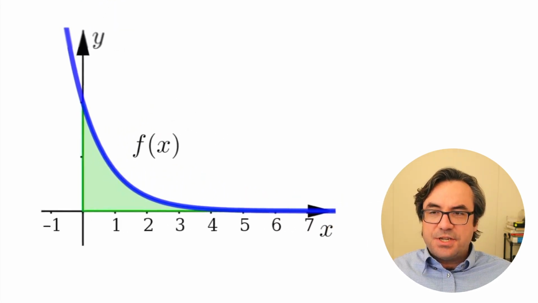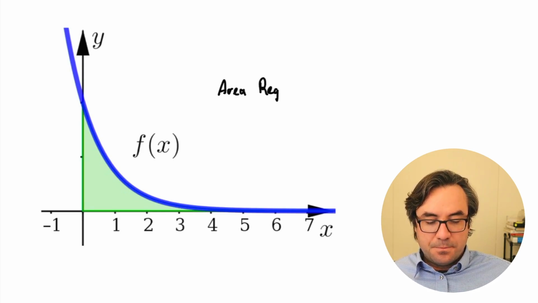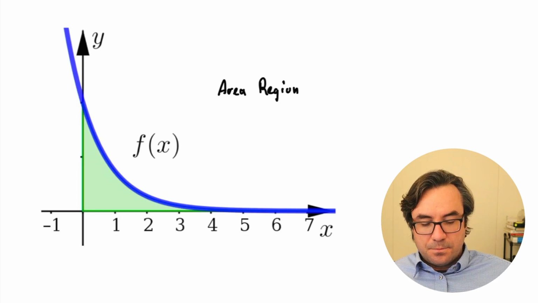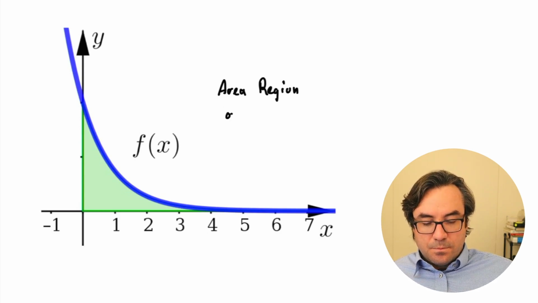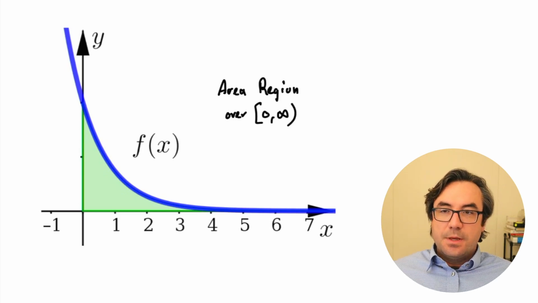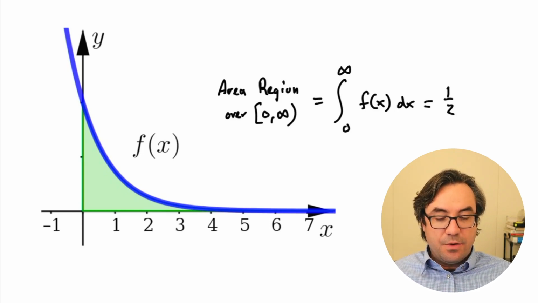But what we've just done is we've just shown that the area for this region over this interval from 0 to infinity is, well, it's the value of the improper integral. And we just showed that that improper integral had a value of 1/2.